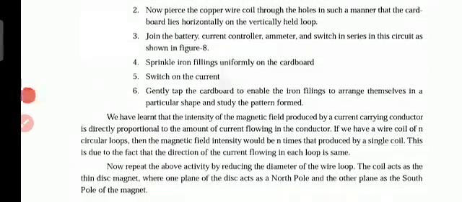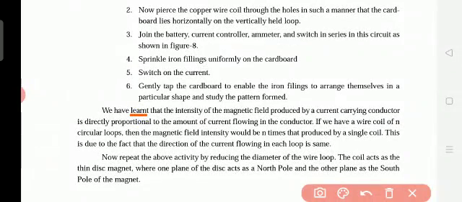Good morning, students. We have learnt that the intensity of the magnetic field produced by a current carrying conductor is directly proportional, meaning equal, proportional to the amount of current flowing in the conductor.